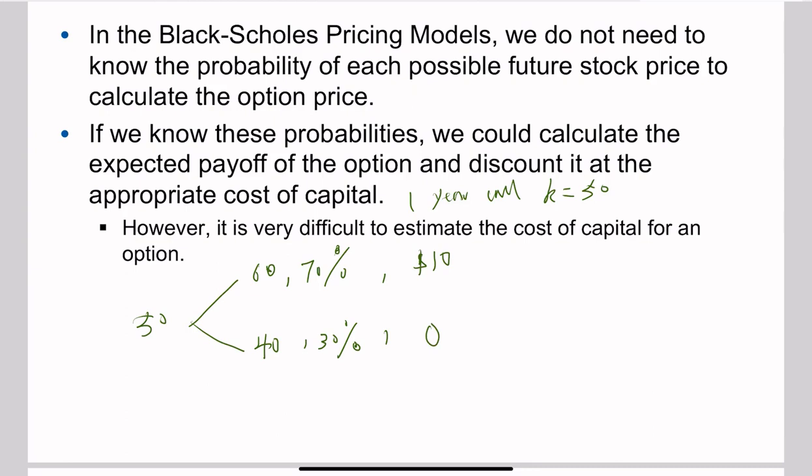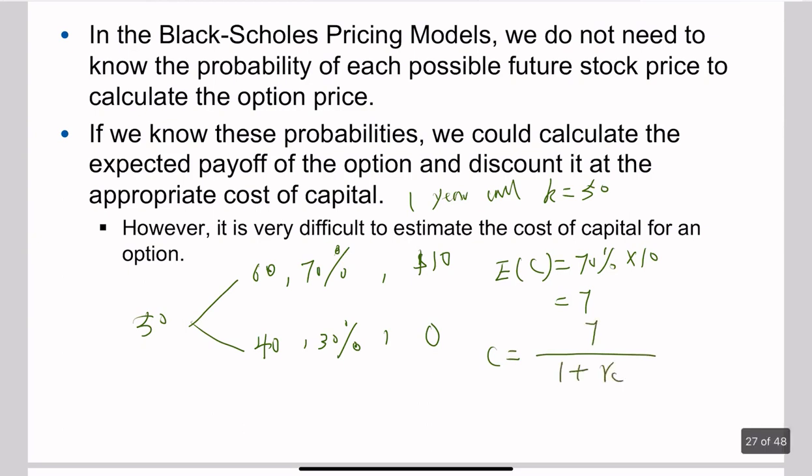And then what you can see here is essentially the expected value of this call is 70% times 10, which is $7, right? So the price of the call can be discounted by a certain discount factor.